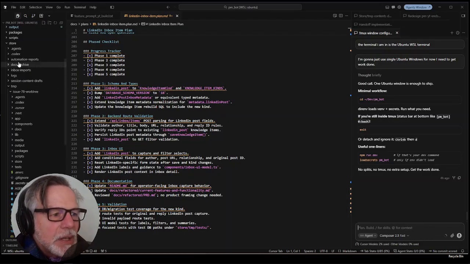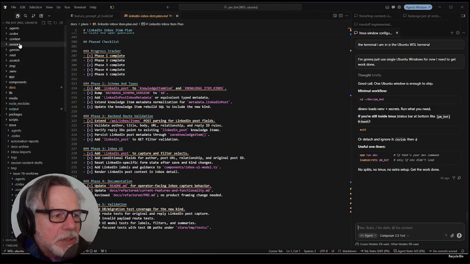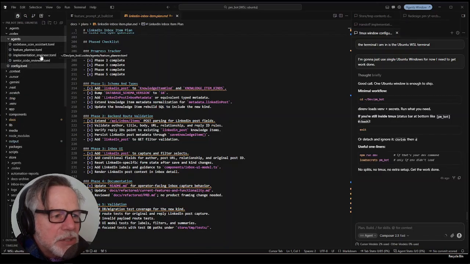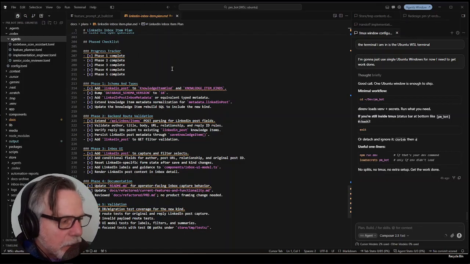And I use sub-agents for this. In each of my projects, I have specialist sub-agents that iterate through, and I have an implementation engineer that does the coding, and then there's a senior code reviewer that actually reviews the code.